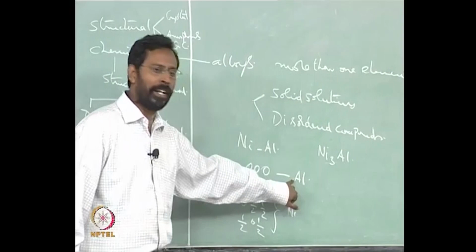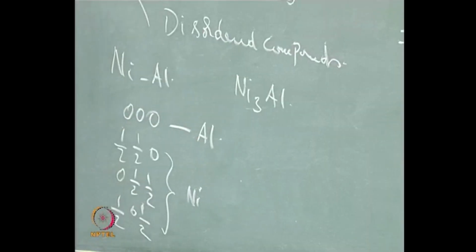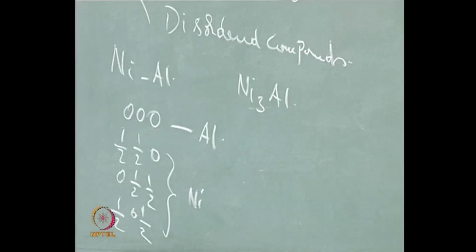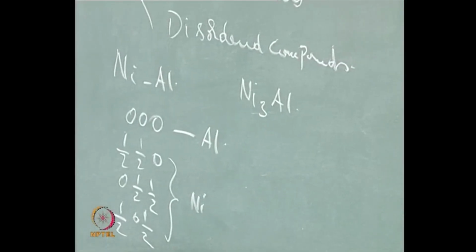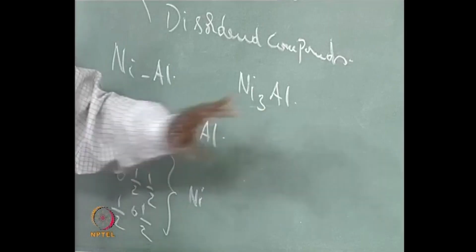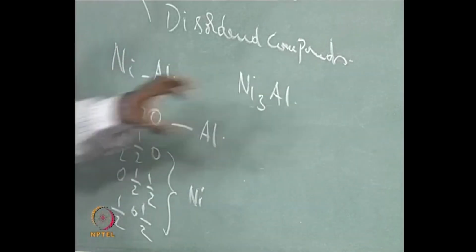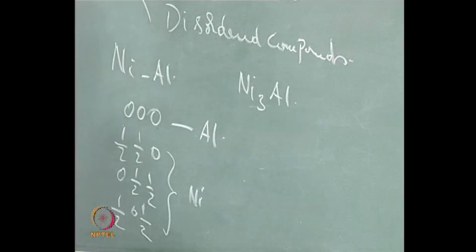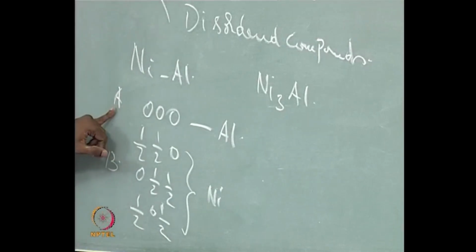If the probability of finding aluminum at 000 is 0.25, then we can say it is perfectly ordered. That means out of the 25% of aluminum atoms inside the alloy, all the 25% atoms are sitting at this site. So, if you call this the A site and you call this the B site, if all aluminum atoms are occupying the A site, then I call it perfectly ordered.